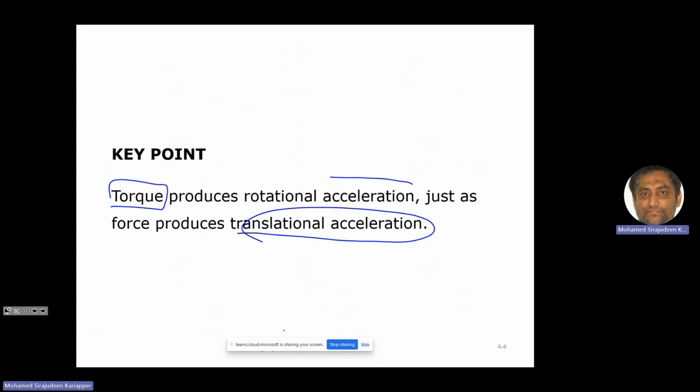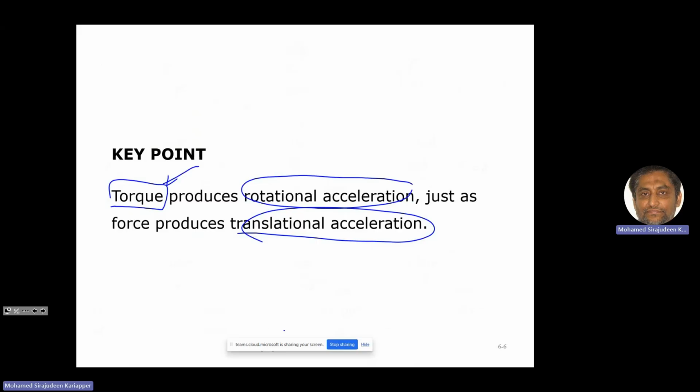But for rotational acceleration, what is rotation? We can talk about a wheel rotating at a rate of rotational velocity. You can say RPM, how many revolutions per minute. That is rotational velocity. If you want to change the rotational velocity, what we need is a torque.